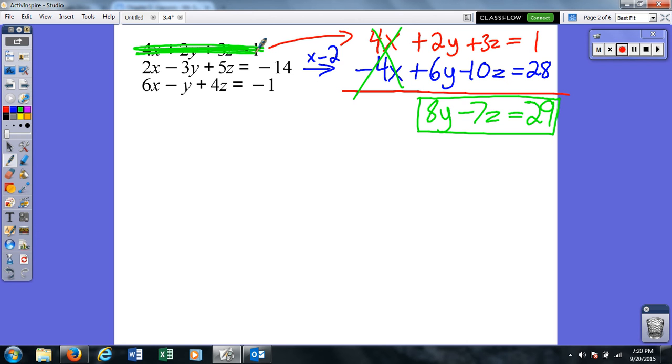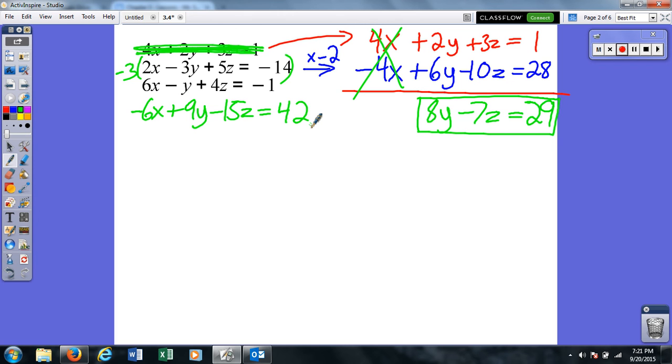Just by nature of having three equations, we're going to have to reuse one of them, but that's fine. I'm going to look at how to get rid of x. So maybe I'll multiply this middle one by -3. That'll give me -6x, positive 9y, negative 15z, and then positive 42.